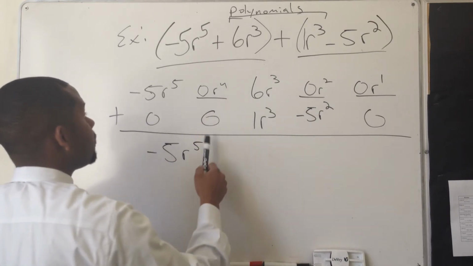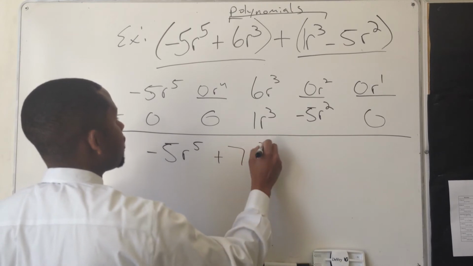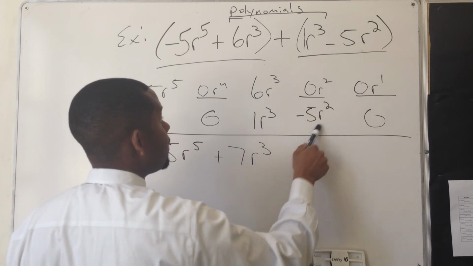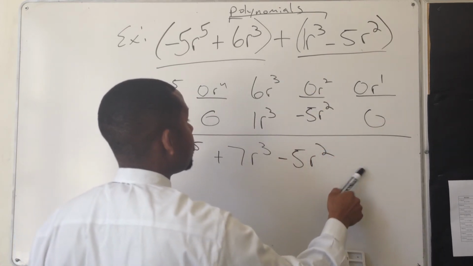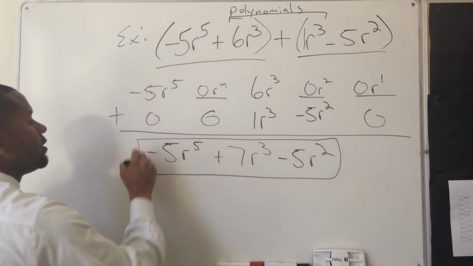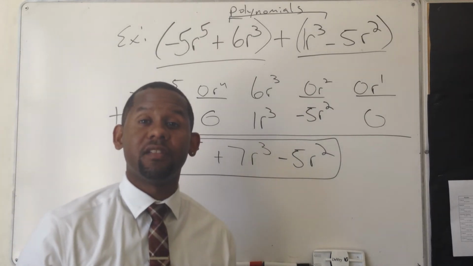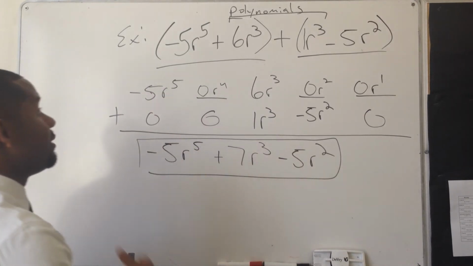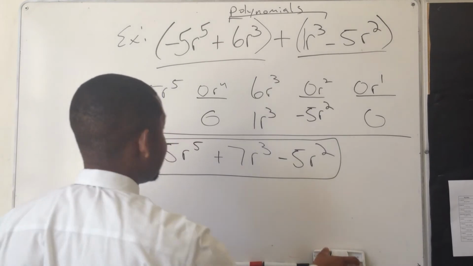There are no r to the 4ths. There are 7 r's to the 3rd, 6 and 1 is 7. There are negative 5 r squareds. And there is no just r, so I don't have to write it. This is my final answer. It's basically addition. It's collecting terms and adding them, okay? But they will get much more complex. That's the first one, so you can see it.